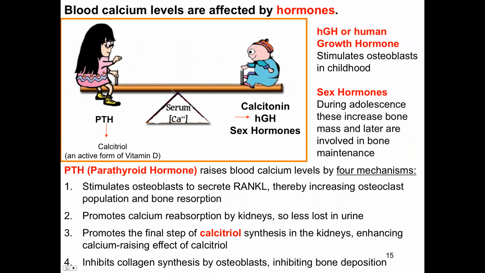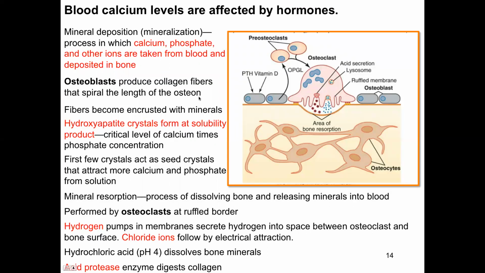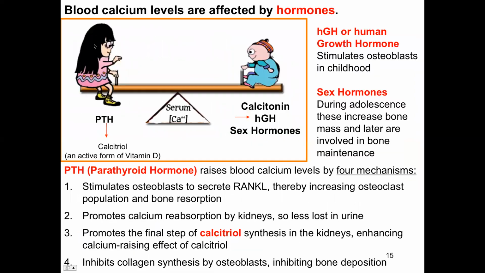There's a balance between mineralization and demineralization, so mineral deposition and resorption. Notice this is a little kid here, and this is an older kid here. Maybe this is mom, all right? That's to imply that it also changes over the lifetime.